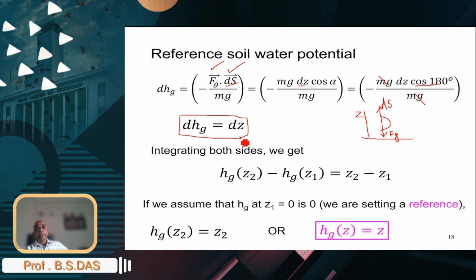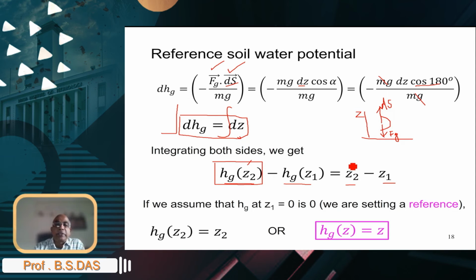Now, if you integrate this expression on both sides, you will see that an expression of this sort comes up: hg at z2 minus hg at z1 should be equal to z2 minus z1. So suppose you would like to find out the gravitational potential head at point z2.